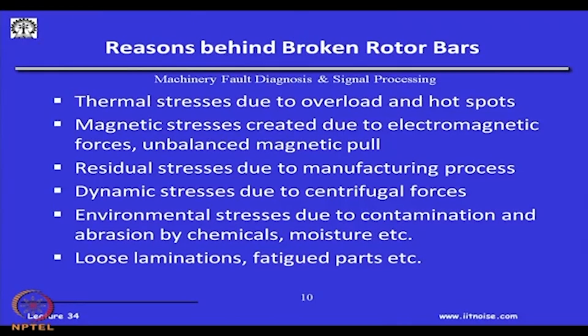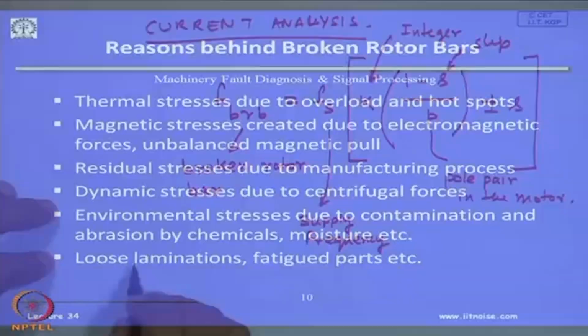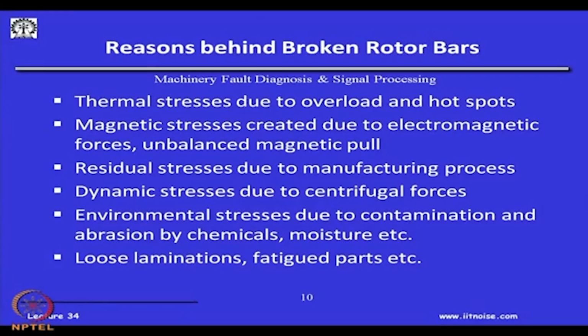Okay. Now, why does a rotor bar break? Okay. What are the possible reasons? One is thermal stress due to overload in hot spots. Okay. There will be a linear expansion and then there will be hot spots, etc.